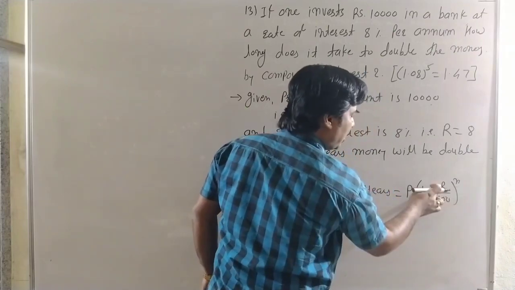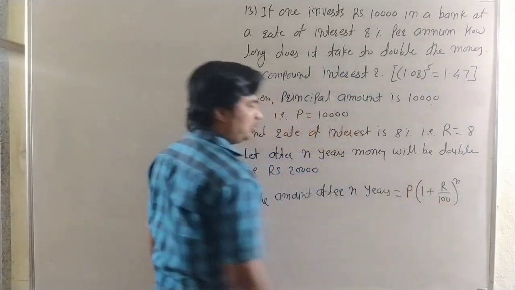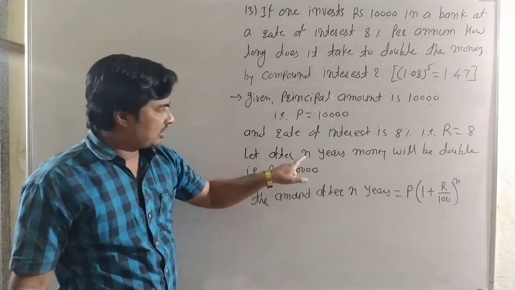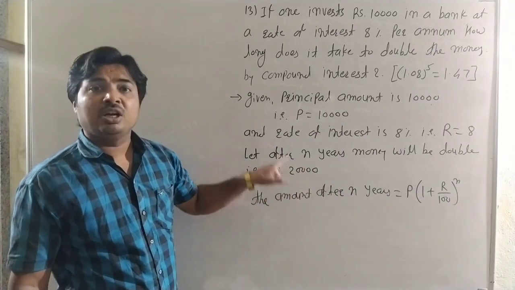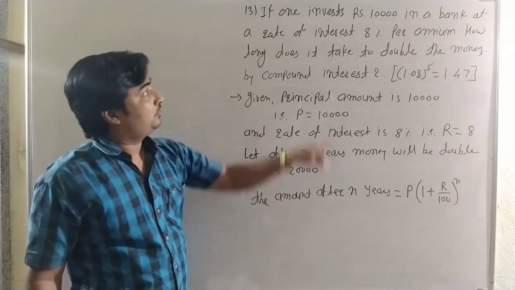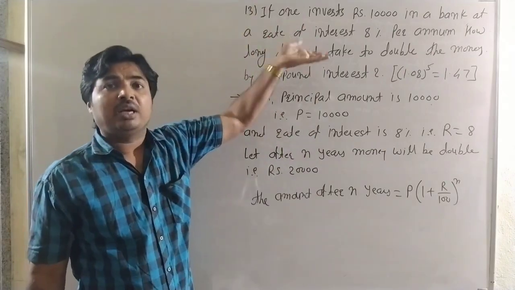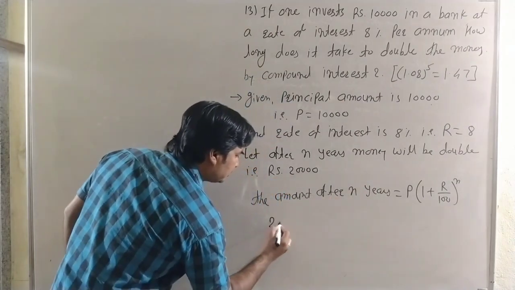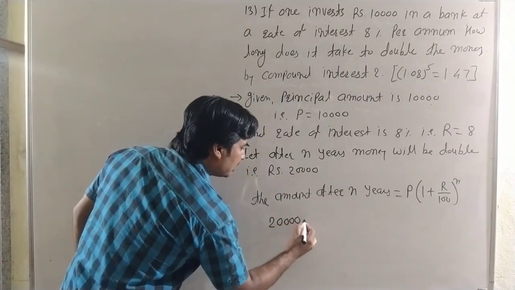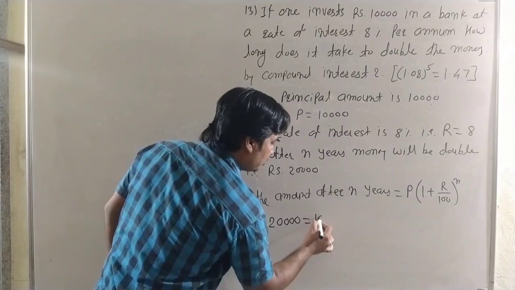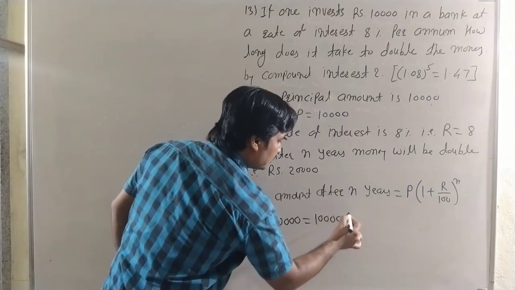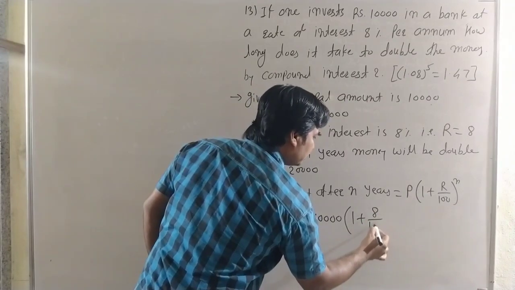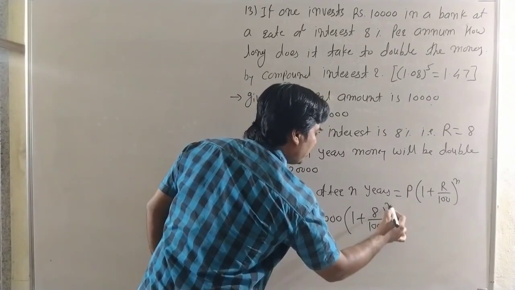N is the year, R is the rate of interest, and P is the principal amount. We consider the amount after n years to be 20,000, since 10,000 is the principal amount and double is 20,000. That means 20,000 is equal to 10,000 into 1 plus 8 upon 100, to the power n.